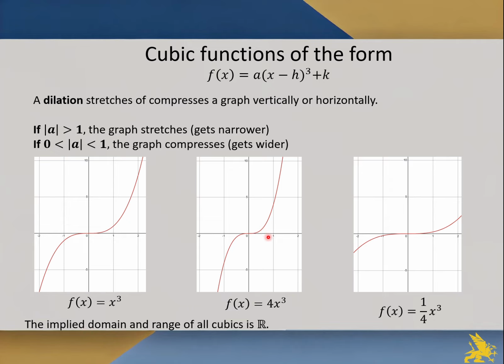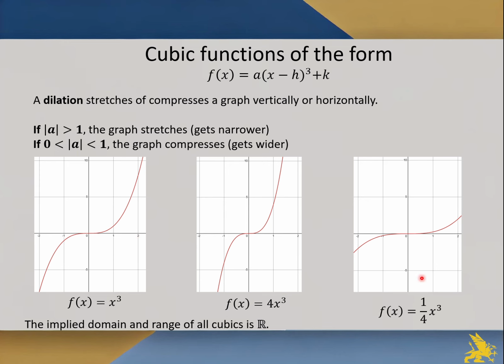So it's being pushed and stretched away from the x-axis. So pushed up. Or if it is less than 1 and greater than 0, then straight away that means that it is going to be compressed towards the x-axis. So that's the main thing that is focusing on.